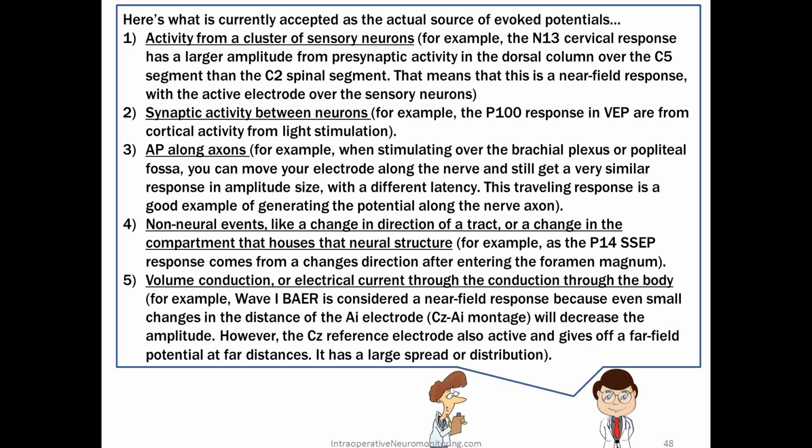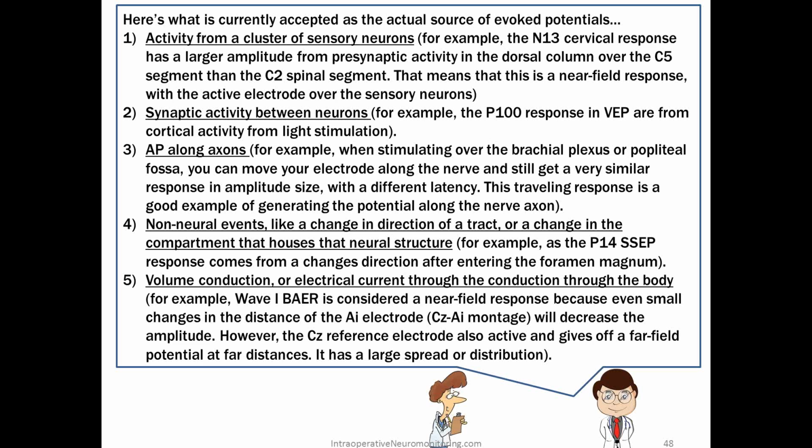So for example, wave 1 of the ABR is considered a near field response because even small changes in the distance from the auricular ipsilateral electrode in the CZ to auricular ipsilateral montage will decrease the amplitude. However, the CZ reference electrode is also active and gives off a far field potential at far distances.